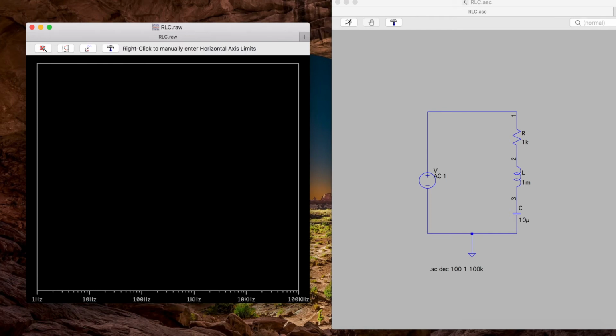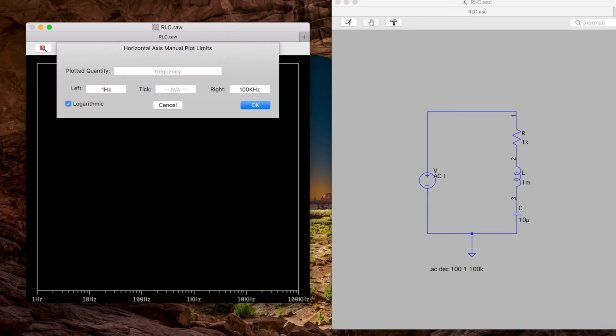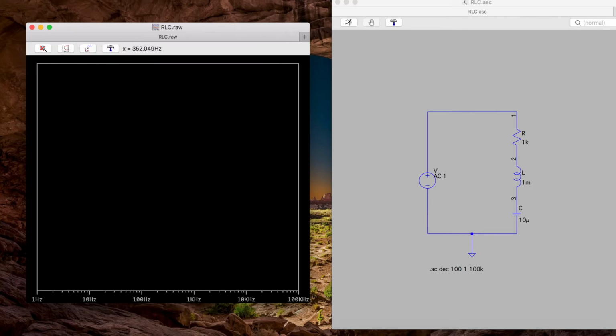Here on the x-axis we have the frequency. Right-click. Here the scale is logarithmic.